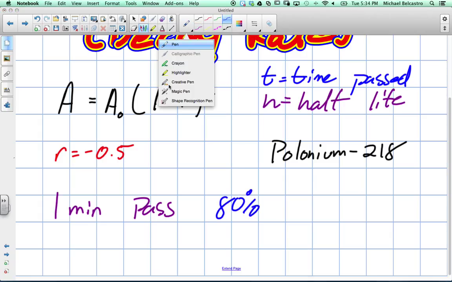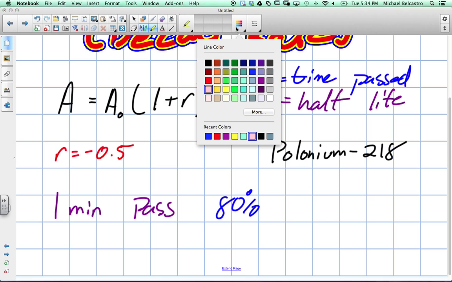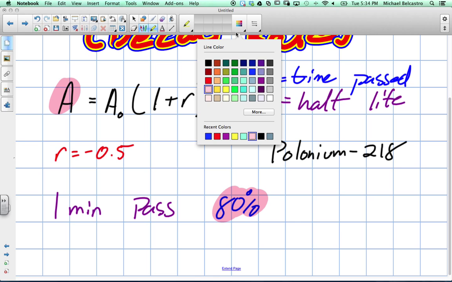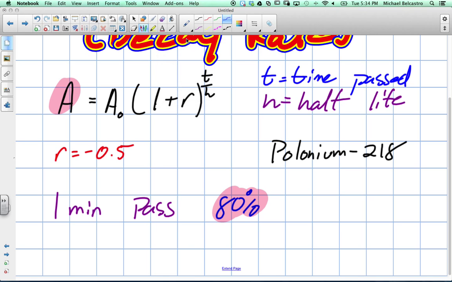What that means is our 80% is essentially how much there is. We start with 100% of the object. That's going to be our A naught, which is 100%.